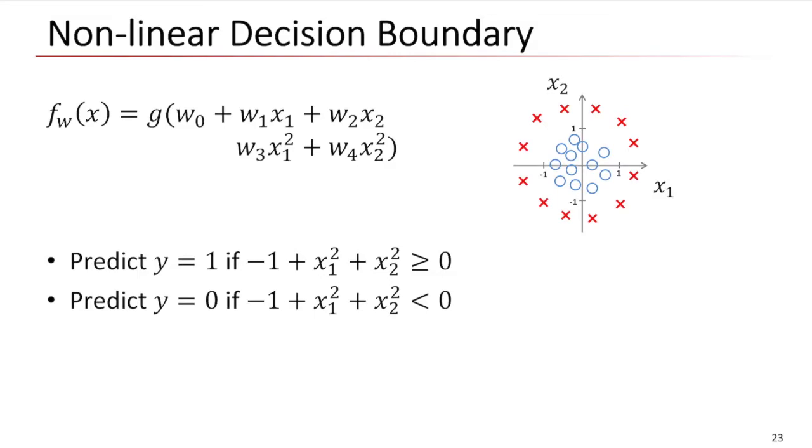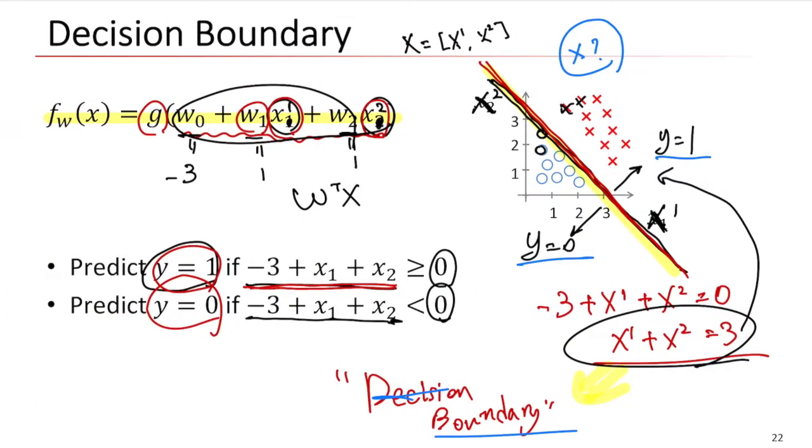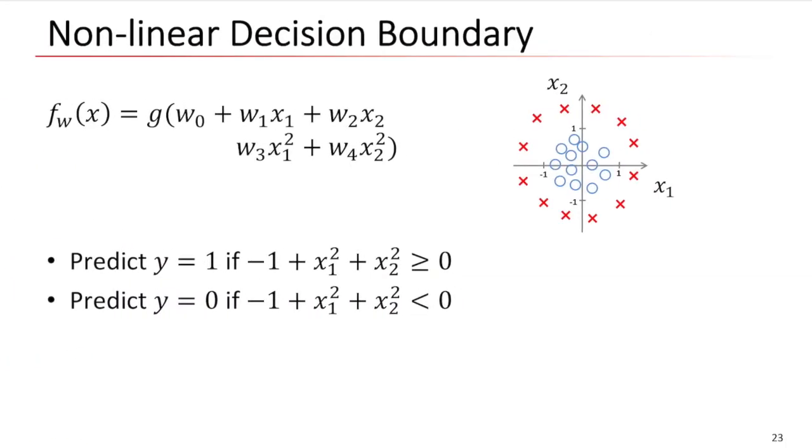Actually, this decision boundary can also have a nonlinear shape. Here we just considered a straight line, but we can formulate it like this one, with an additional square term, okay?